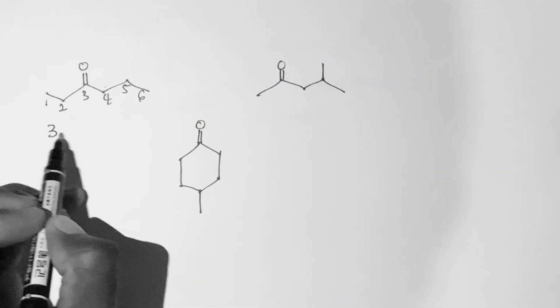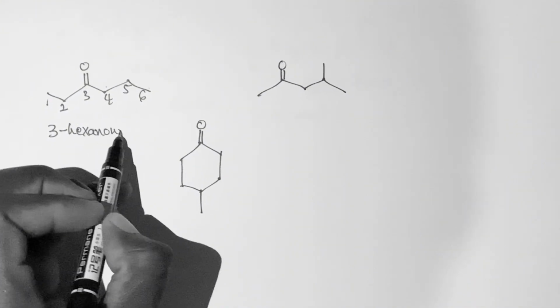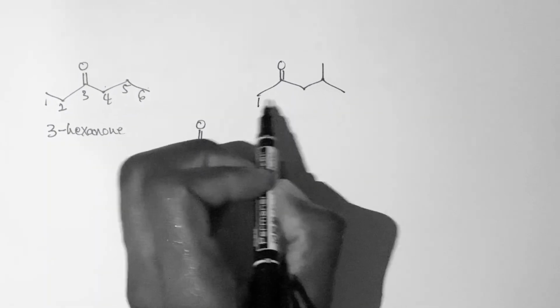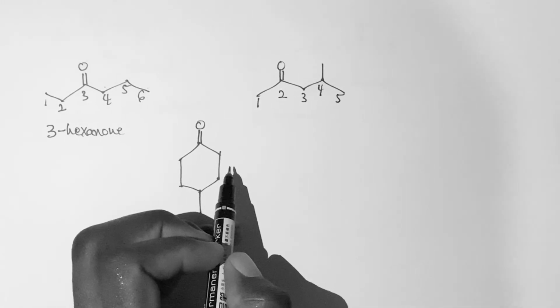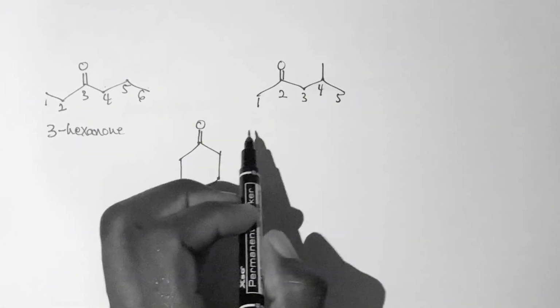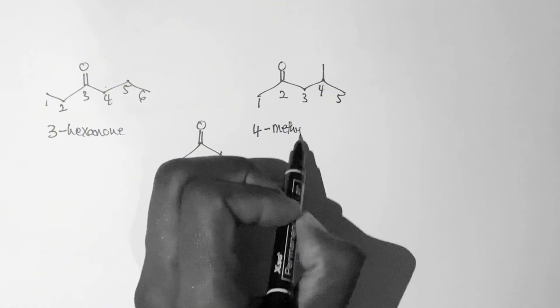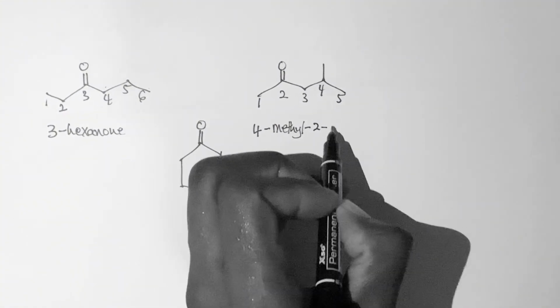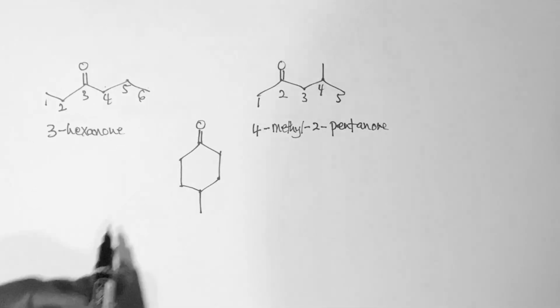So this is 3-hexanone. Let's come here. This is 1, 2, 3, 4, and then 5. So this is the case of 2-pentanone, but we have a functional group on carbon number 4. So a 4-methyl, and then 2-pentanone. So that is the name of this molecule.